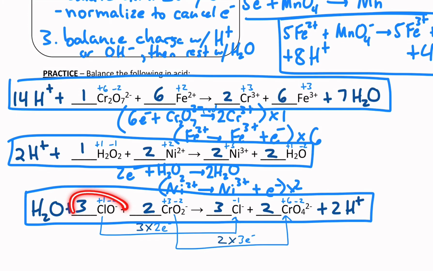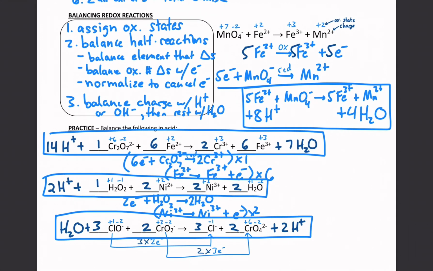On the left, we have 3 minus. 2 minus more makes 5 minus. So this is -5 on the reactant side. And the products are 3 negative, 4 negative, that's 7 negative, and 2 more positive. It's -5 on both sides. So the charge is balanced, the elements are balanced. All of these are now balanced reactions in acid.